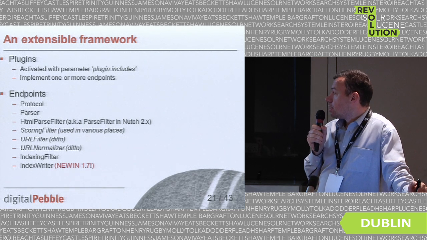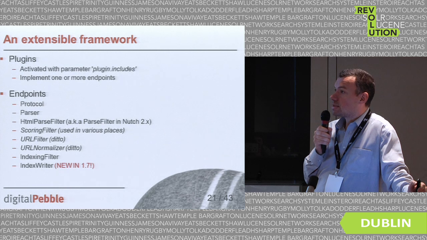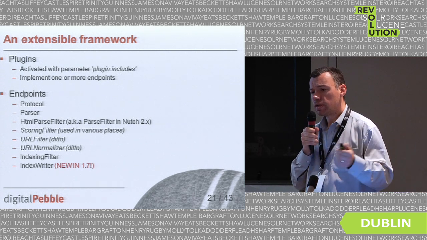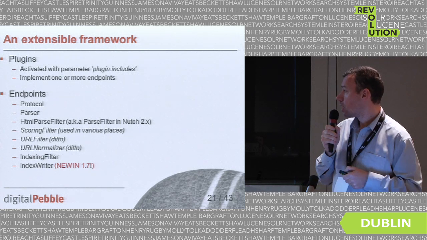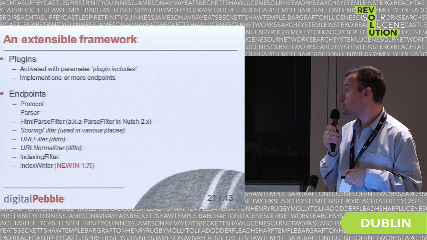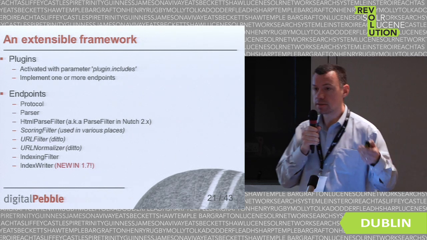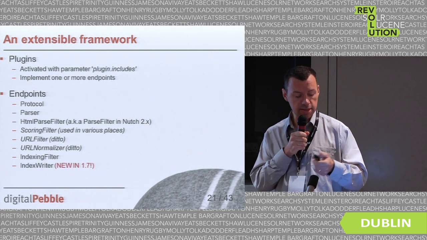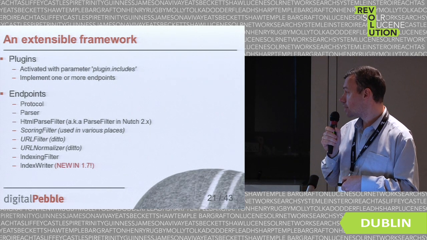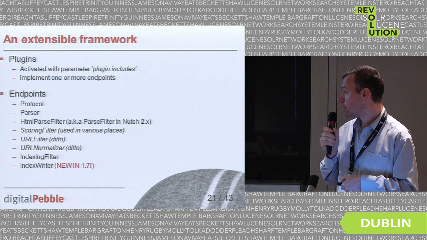During the indexing, we have a representation of the document that is sent to the backends, which is based on fields, and typically the indexing filters generate fields that are then sent to Solr or Elasticsearch for indexing. A new feature we have in 1.7 is the index writers.